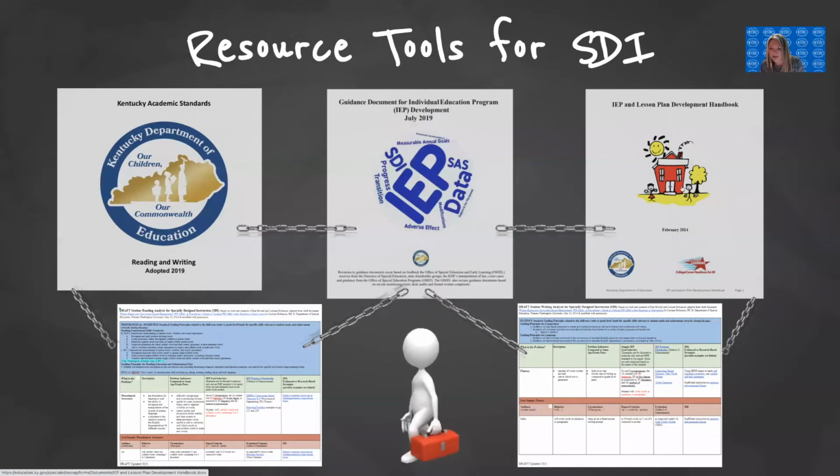You may hear reference to it as a schoolhouse document. If you've heard that, that's what this is. These are all helpful tools when you're trying to write your IEPs and design some SDI for your students. So using all of these resources together will help you to best meet the needs of the students.